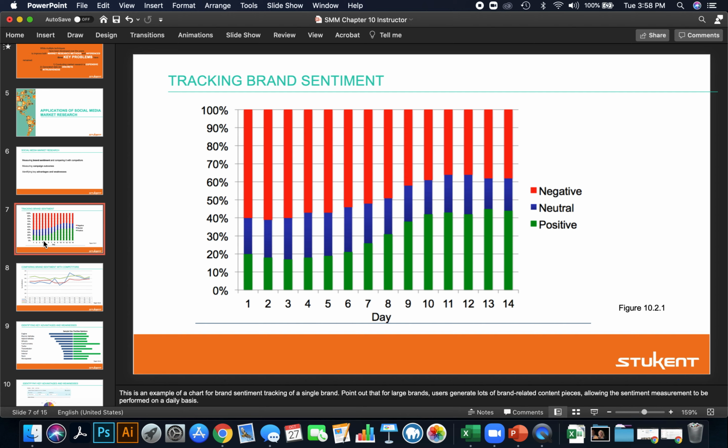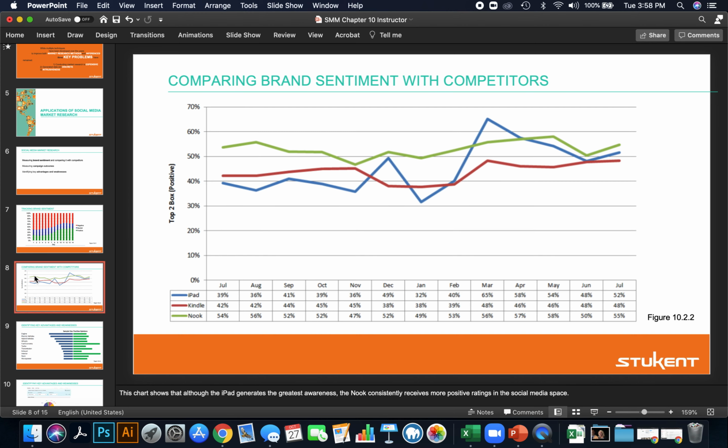This is an example of what a brand sentiment chart may look like. There's all sorts of different brand sentiment charts out there, but usually it's shown on a scale. Here's another brand sentiment chart where it shows the iPad versus Nook and the Kindle.